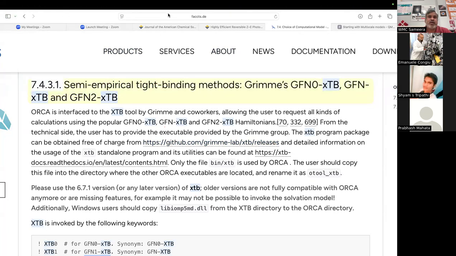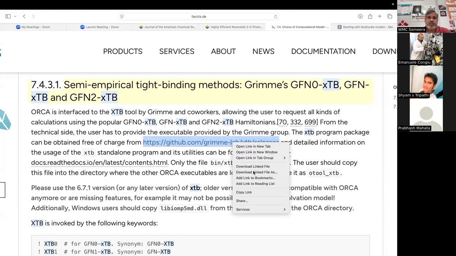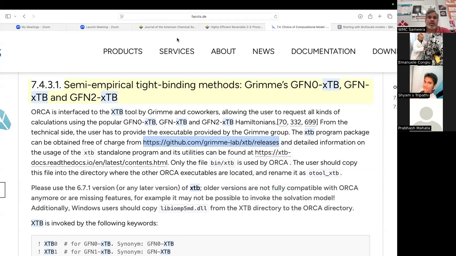I can share that link with you, and then you can download the XTB.